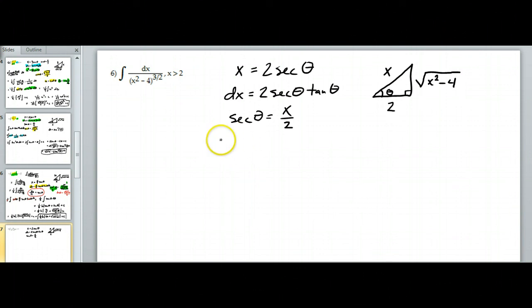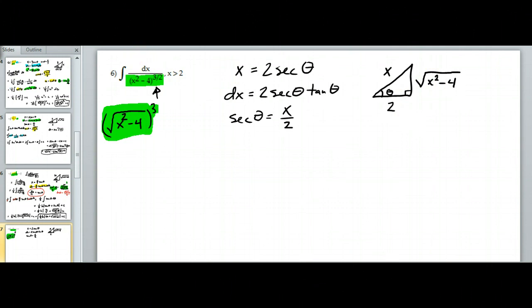Alright, now looking at what I have, remember that's the same thing as the square root of x squared minus 4 cubed, right? That's the same thing as that. Okay, so keeping that in mind, we can come up with something that looks like this.